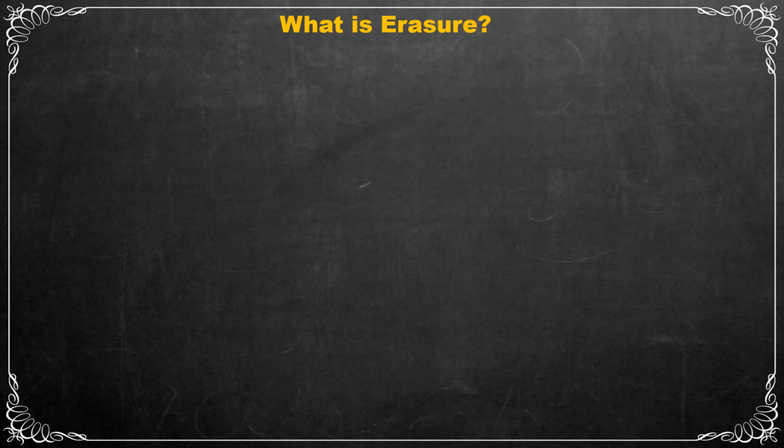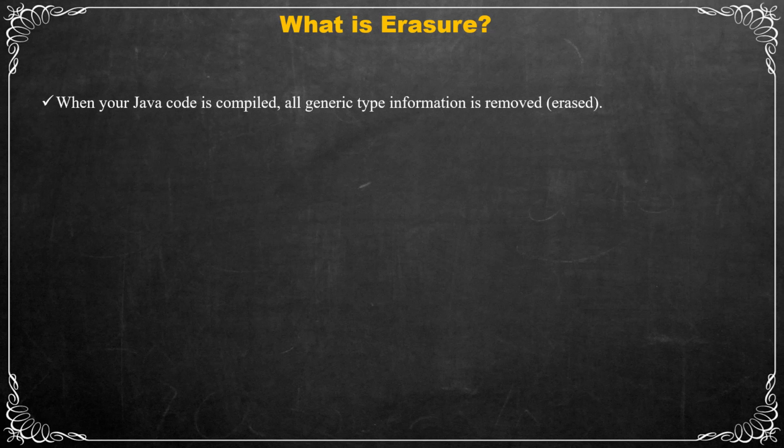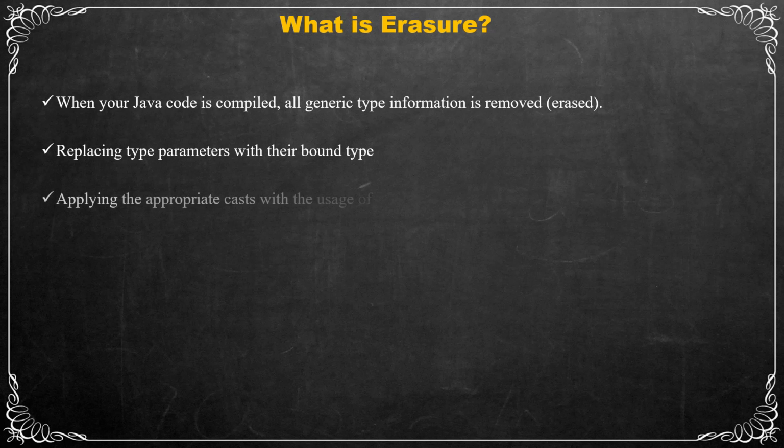When your Java code is compiled, all generic type information is removed. This means replacing type parameters with their bound type, which is Object if no explicit bound is specified, and then applying the appropriate cast to maintain type compatibility with the types specified by the type arguments.